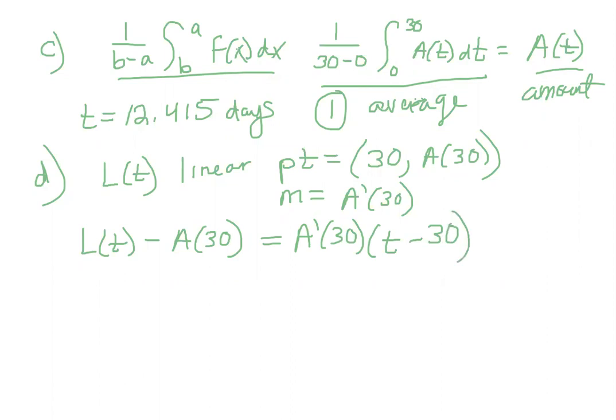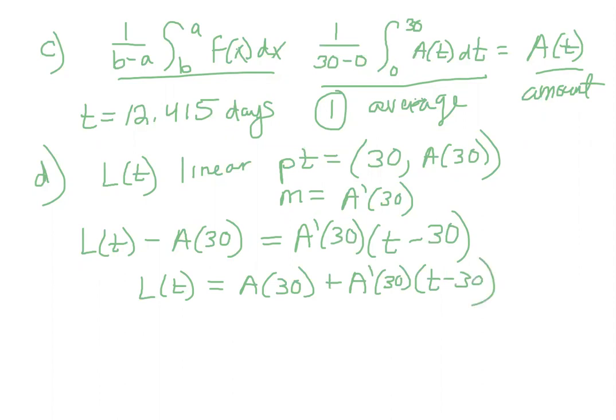So we can rearrange this and show that the linear approximation is this. All right, you don't even have to put numbers in for those. You can just leave it right like this. You can put numbers in if you want. It's entirely up to you. So you get 2 points for an expression for L of t.